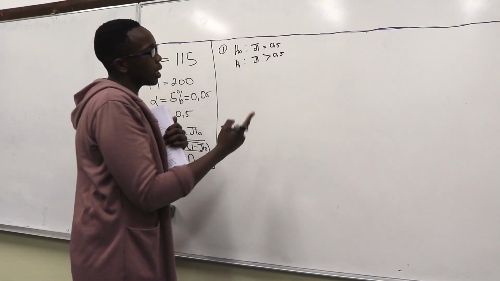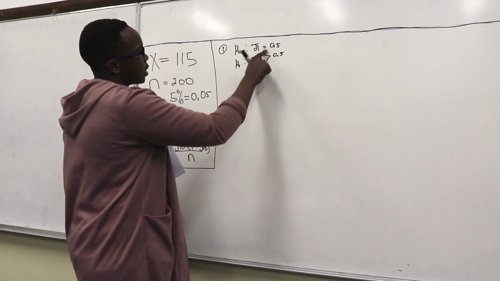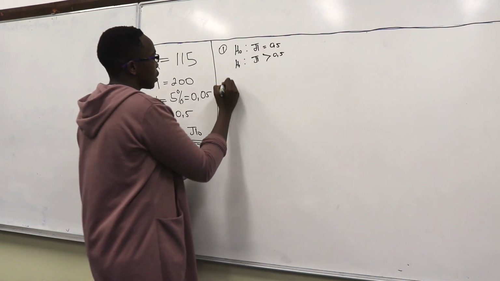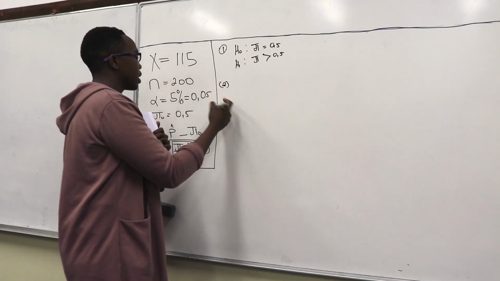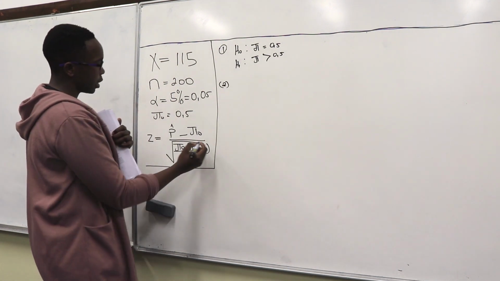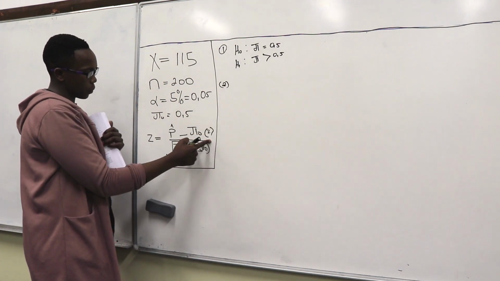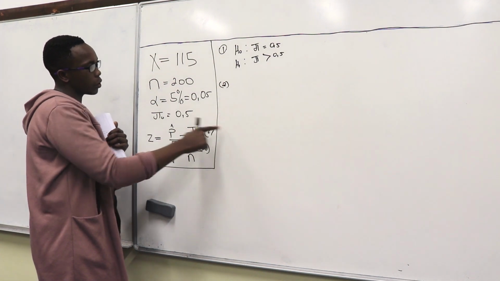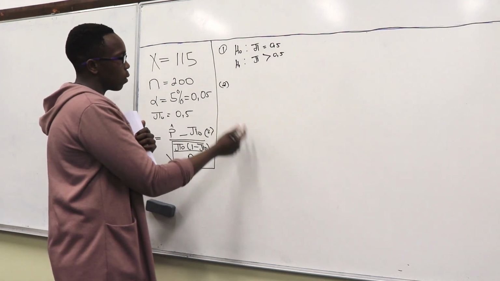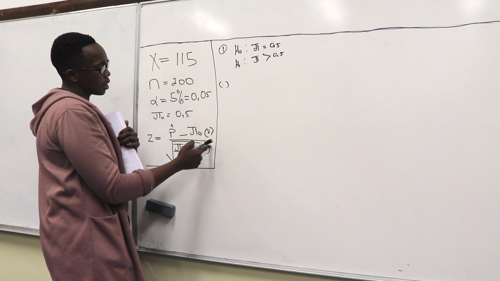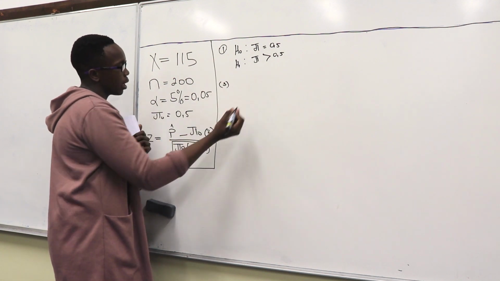They say more than half, so more than 0.5. Then we go to step 2, our test. Our test is already here, so we just state the formula that we're going to use when calculating step 4. So we can skip step 2 since it's already here and go straight to step 3.